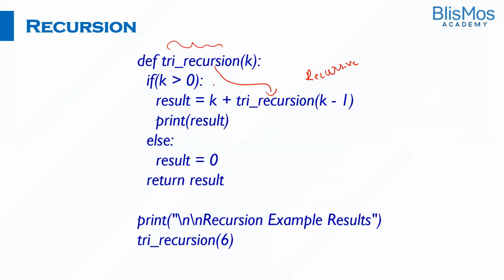Okay, then it will become 1, then plus 1 minus 1 is 0. That means the first value will be 1. Next is 2, right? It will come here. Oh, 2 is greater than 0. Then it will become 2, then plus 2 minus 1 is equal to 1. 2 plus 1 is equal to 3. Then it will become 3. Like that, it will go on recursing until it hits 6.